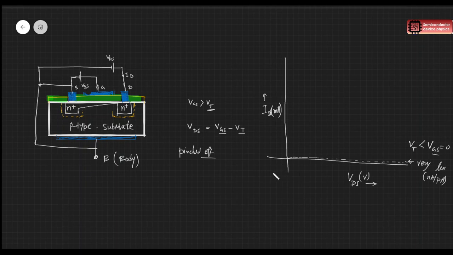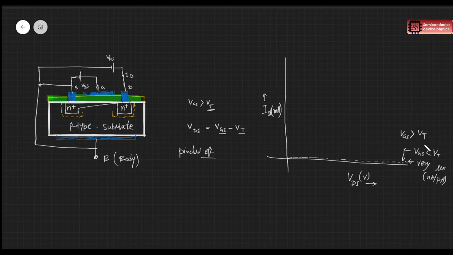Now as we increase the value of VGS and it crosses the threshold voltage, so this curve is for VGS less than VT, right?